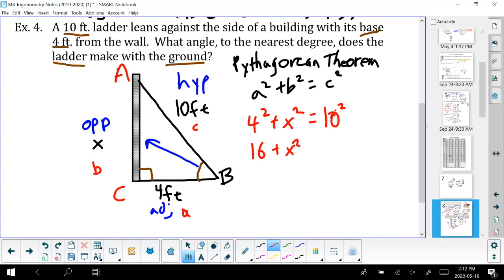So 16 plus x squared is equal to 10 times 10, which is 100. I'm going to subtract 16 from both sides, and I'll get x squared is equal to 84. We're going to punch into our calculators the square root of 84, and that gives us roughly 9.2 once we round up.